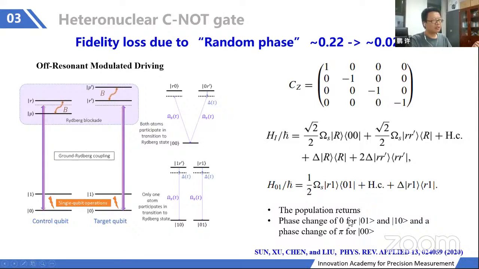The phase doesn't change for these 2 states, but for the 0 state, it will have a pi phase shift. This corresponds to the controlled phase gate.